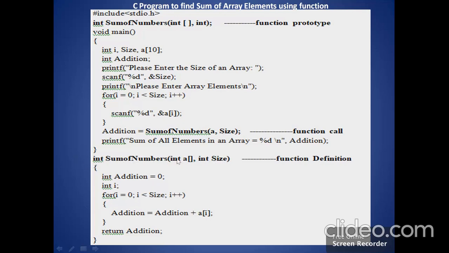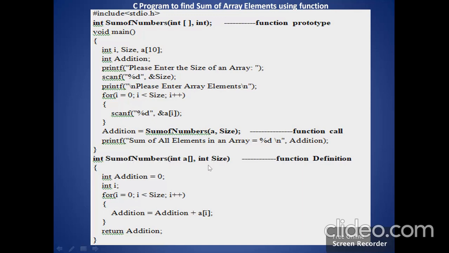So this is the function definition of the called function. In sum of numbers, inside the bracket, we will put two formal parameters. The first int represents the data type of the value the function will return to the calling function. Then we have the function name, that is sum of numbers.